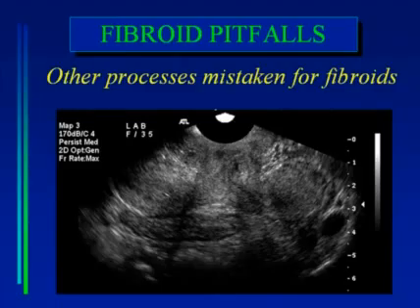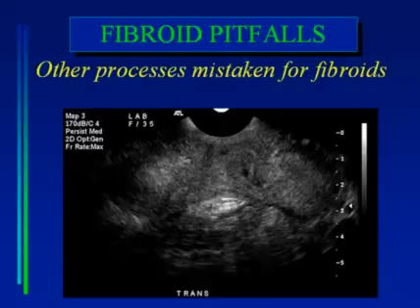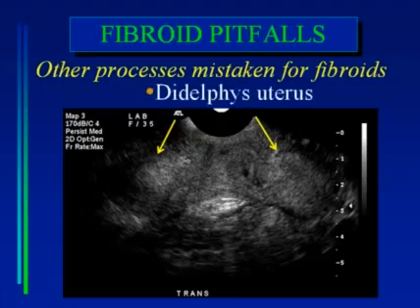Another process that can be mistaken for a fibroid is shown here and includes uterine fusion variants. Here we have the uterus and the endometrial stripe, and off to the left side on this endovaginal image we have a rounded solid structure that looks like it could be a fibroid. However, with further imaging, you can see there are endometrial stripes in both of these structures, because this is not a fibroid on the left, but rather the patient has a didelphys uterus.